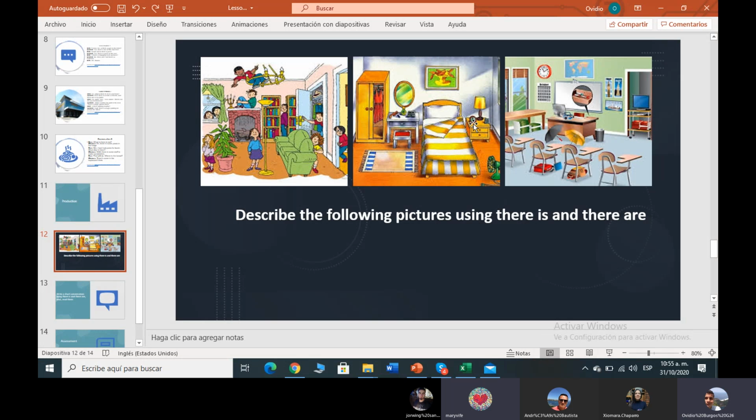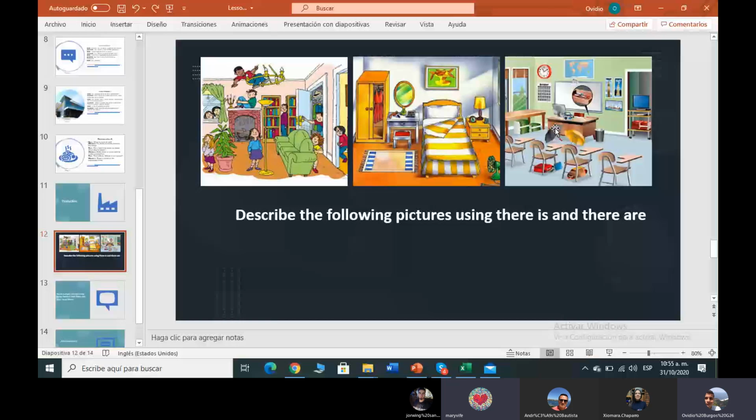Okay, teacher. In the third, ¿cómo se dice en la tercera? Bueno, en la third picture. Yes. The first picture. There are two umbrellas on the floor. There is one computer on the table.